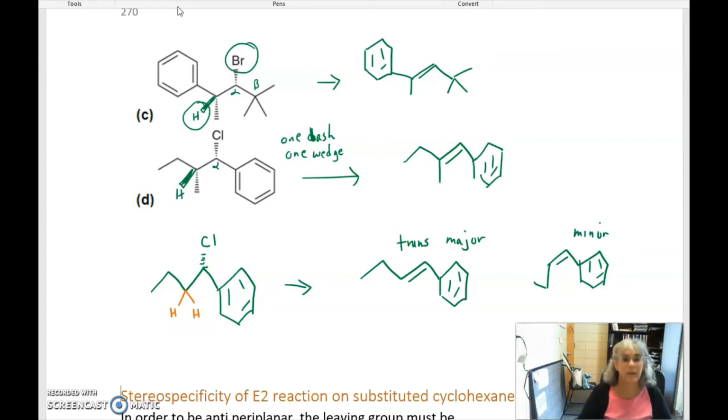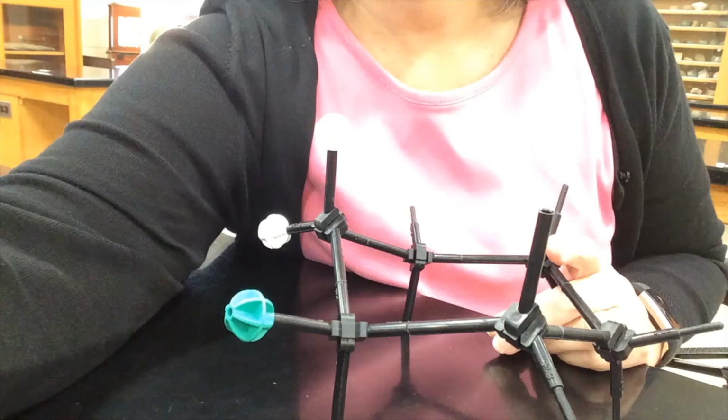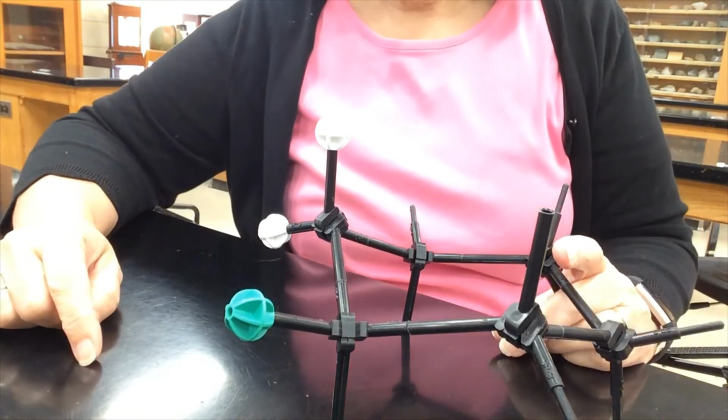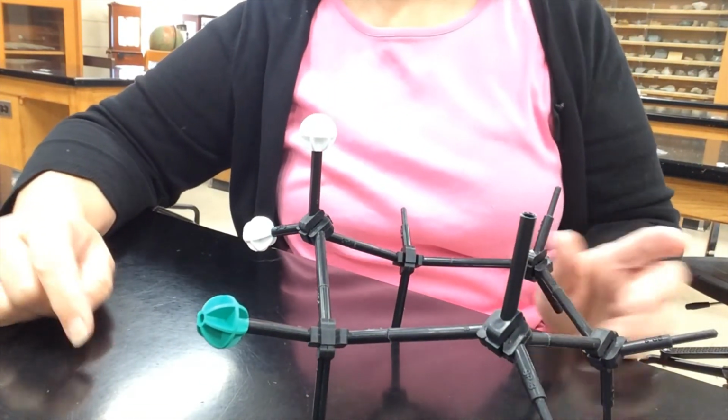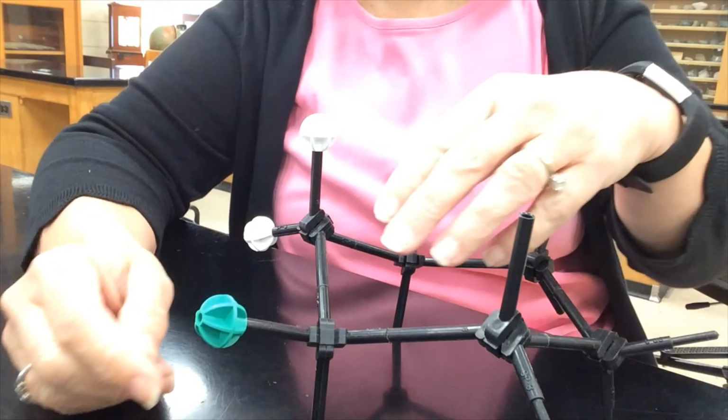So this is a stereoselective, not a stereospecific reaction. Now let's look at what happens with a ring and an E2 reaction.